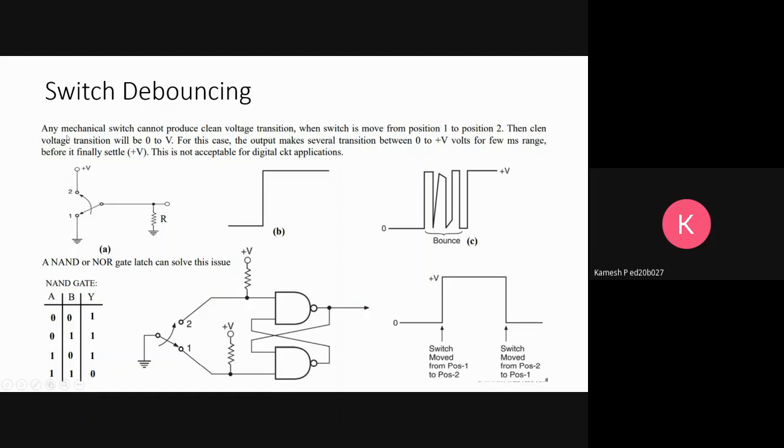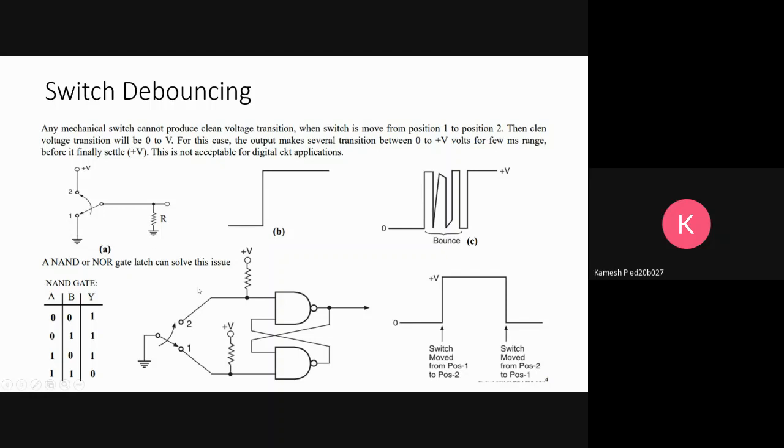And switch debouncing, one of the applications of flip-flops. Any mechanical switch cannot produce a clean voltage transition, as it will keep on bouncing back and forth when there is a change in the switch. As you can see, there is a bounce back, which is unavoidable when it is directly changed, as an analog circuit is used.